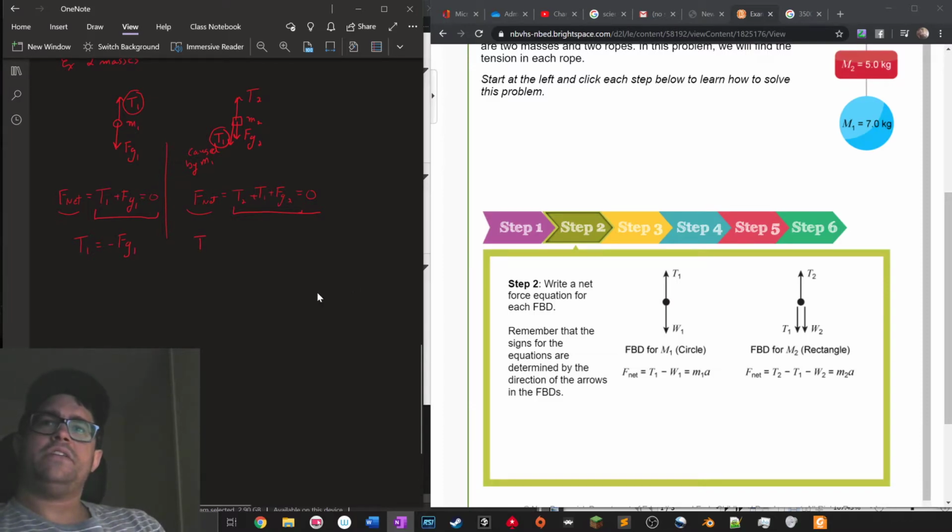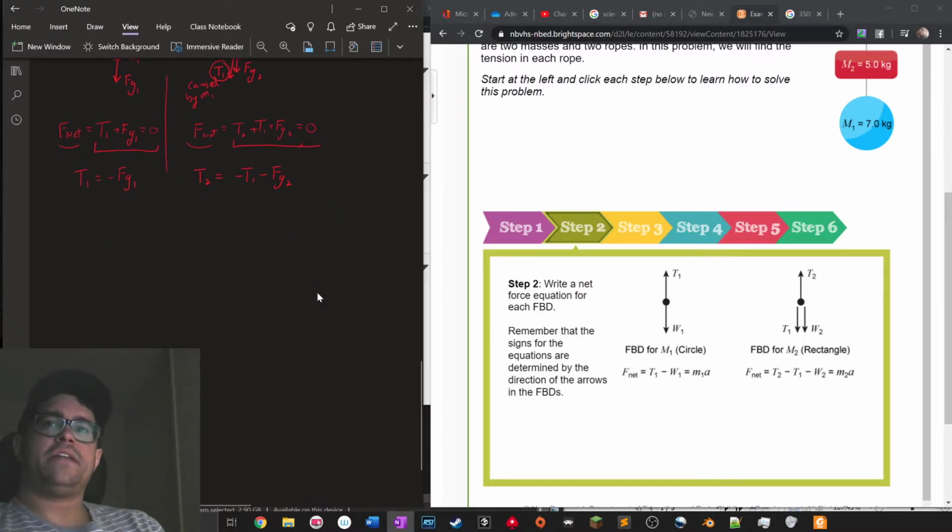And we're going to find T2. So T2 will be equal to minus T1 minus FG2. And that's how we're going to find T1 and T2. We can't start here because we need T1. So we have to work with this first. Okay, so we get 1, 2.